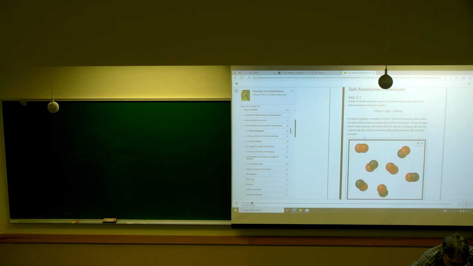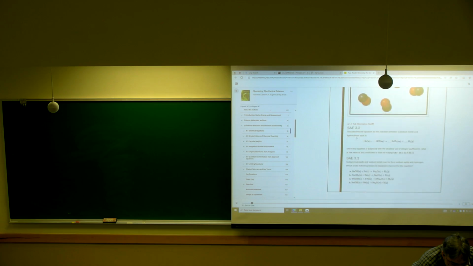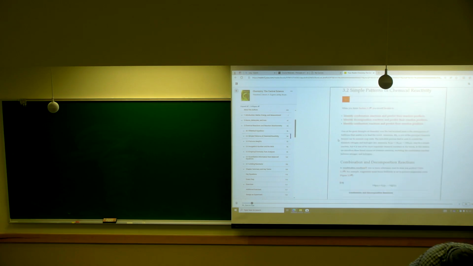I'll do some balancing equation examples, but this is showing balancing here. I could use that, but I'm going to go to the back of the book to do that. And then in the simple patterns of reactivity, there's a handful of things to know.